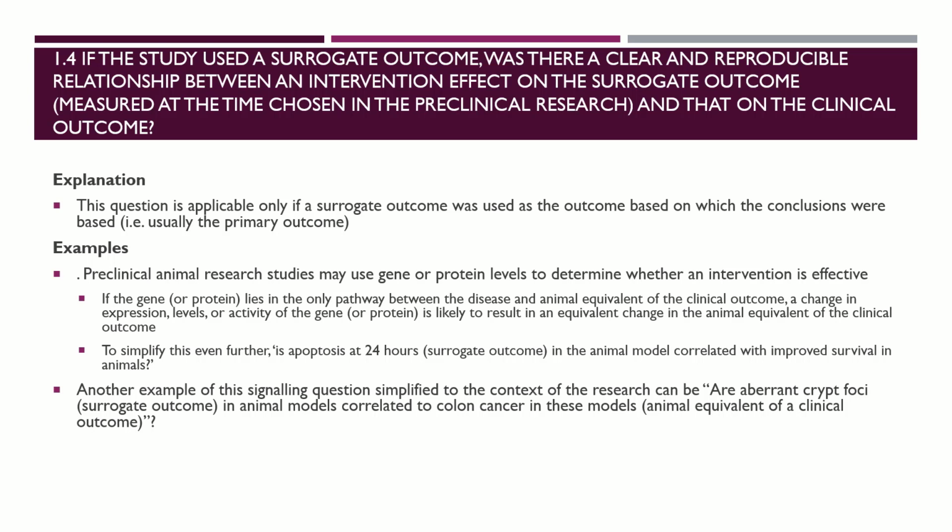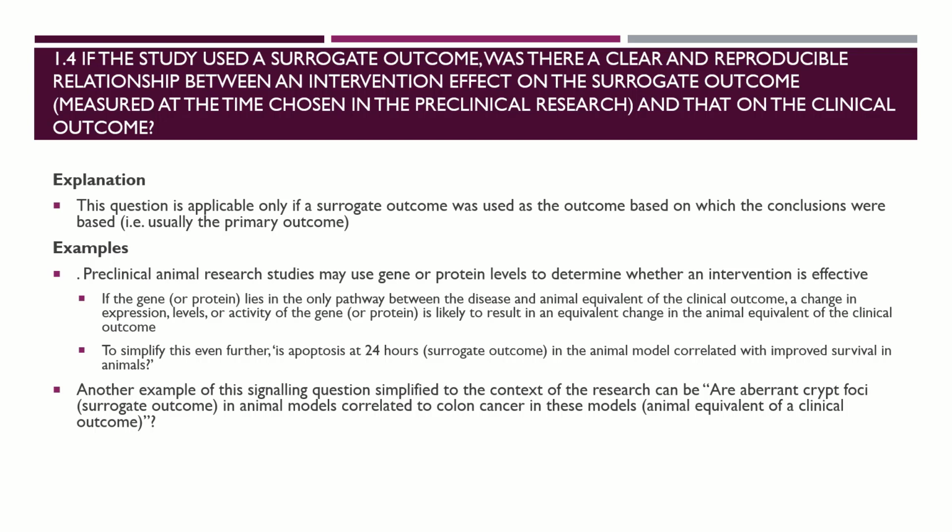This question is applicable only if a surrogate outcome was used as the outcome based on which the conclusions are based. It's usually the primary outcome based on which the conclusions are made. So this question is applicable only if a surrogate outcome was used as the primary outcome or the main outcome.